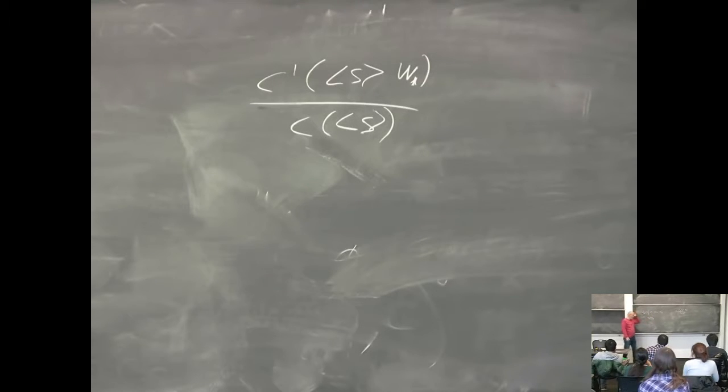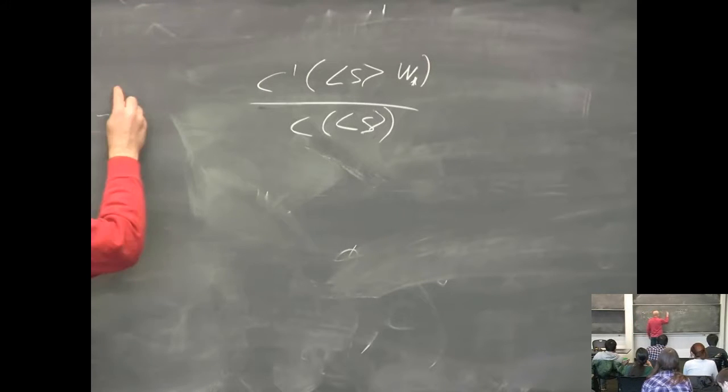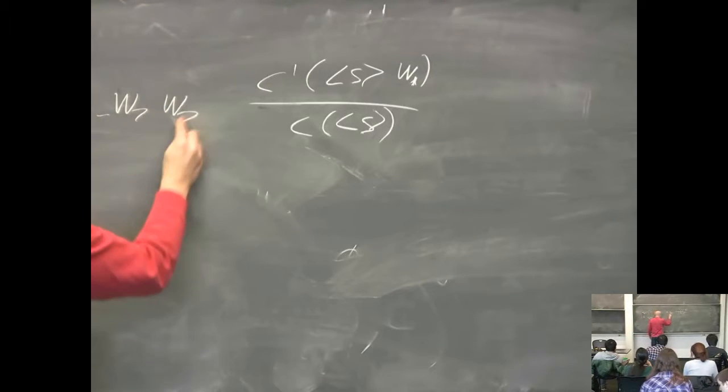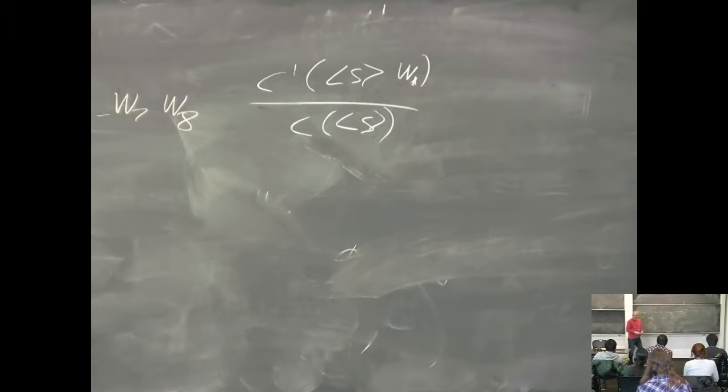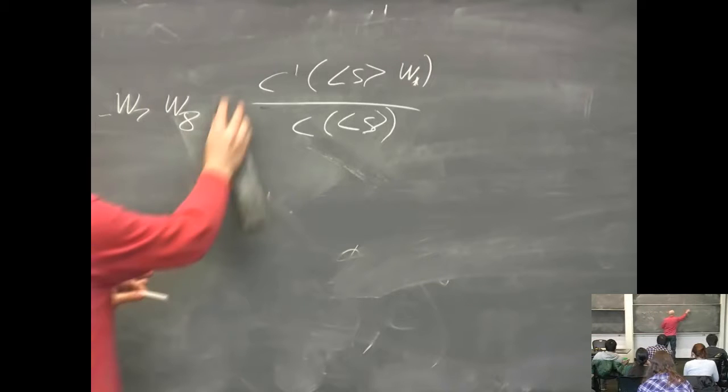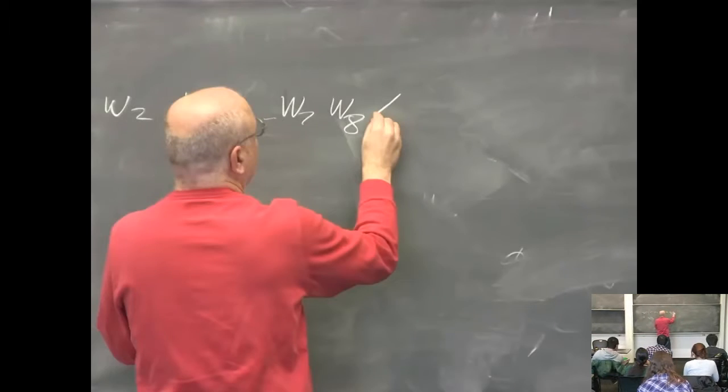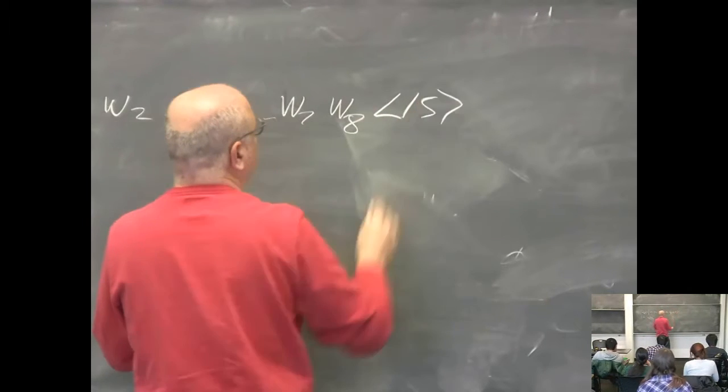That's one difference. The second thing is, as you go towards the end of a sentence, you hit an end of sentence event. I'll write it like this, end of sentence event.